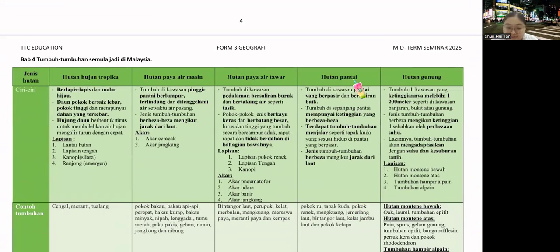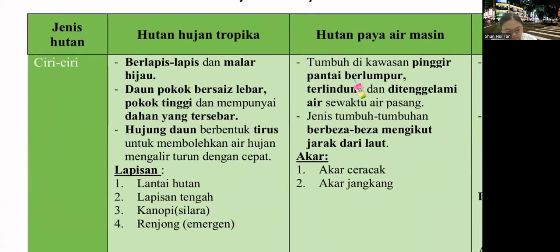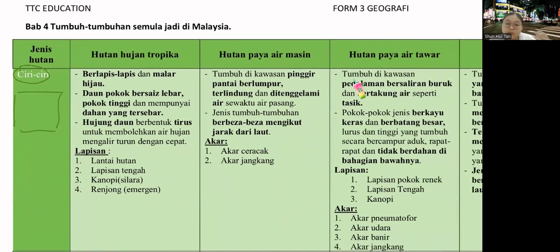How many forests? 5. We have what? Hutan hujan tropika. Now, be aware. This is important for chapter 4 because they may give you a picture of the forest and then they ask you to name me the characteristic of the plants. All right. And what is the characteristic of hutan hujan tropika?